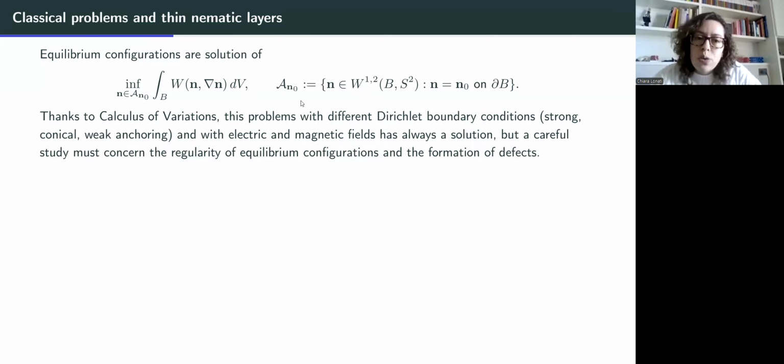And then there are also a lot of studies of the interaction of the nematic vector field n with electric and magnetic fields, in particular in the Fredericks transition, for example. And one other important aspect is the study of regularity of solutions, of equilibrium configurations. And this is because there are many possibilities in which there can be singularities of solution.